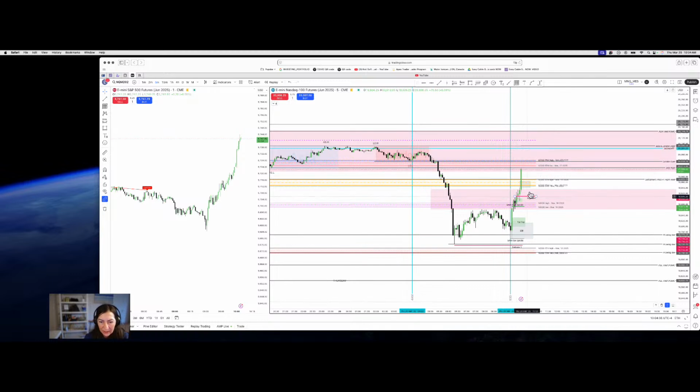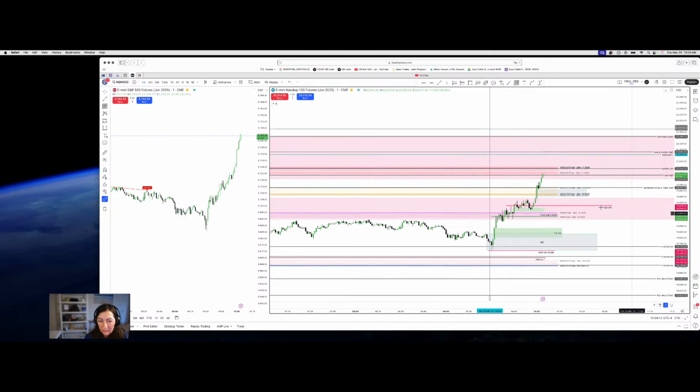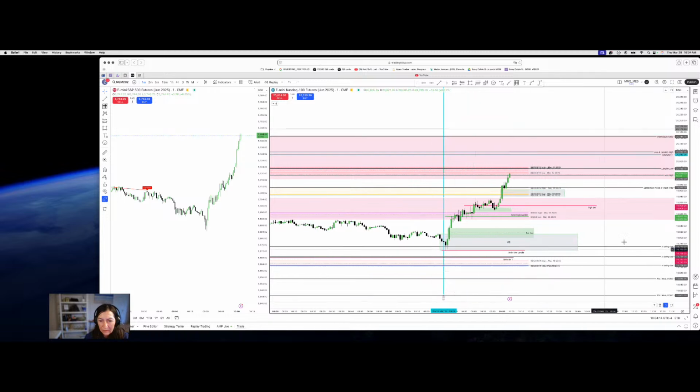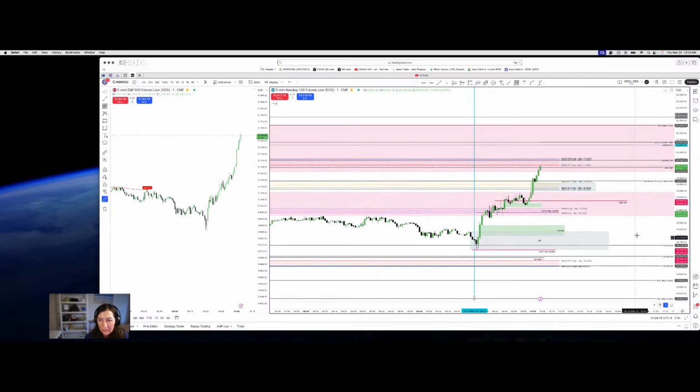This is the last 5-minute high here. Moving into or tapping into at least the new day opening gap from March 17th.